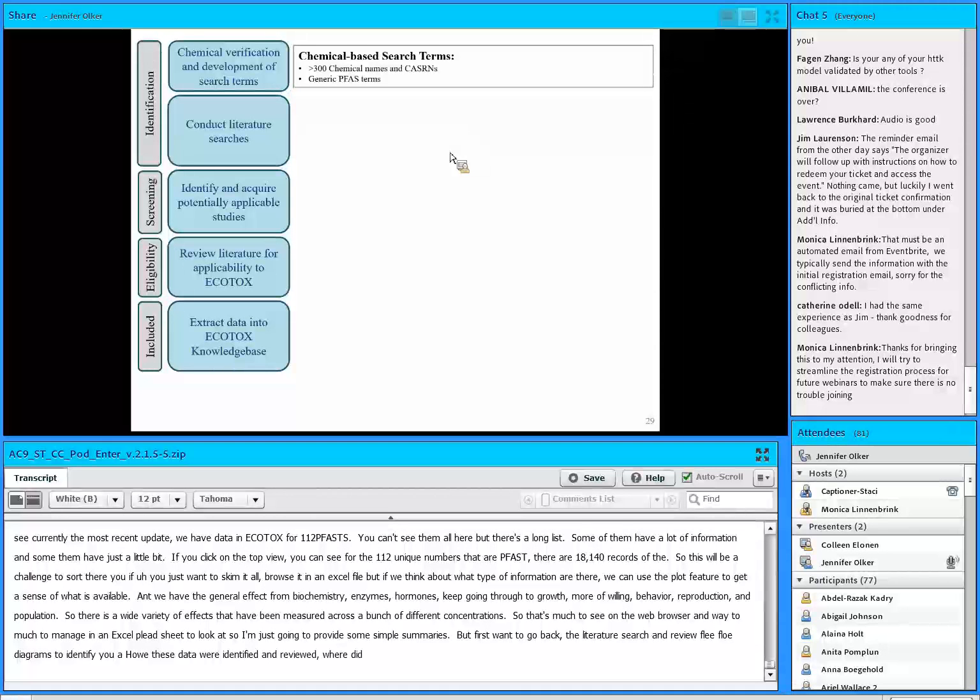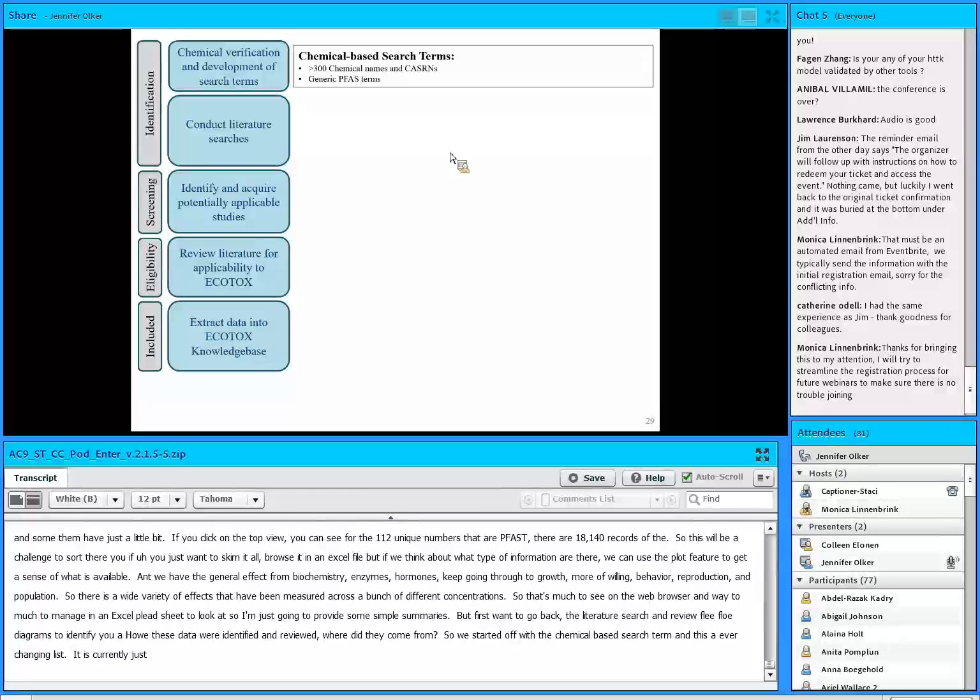So we started off with the chemical-based search terms, and this is an ever-changing list. It currently is just over 300 chemical names and CAS numbers, as well as a set of generic PFAS terms. And I'll talk a little bit more about those in a minute.